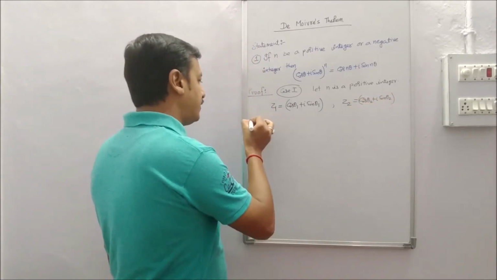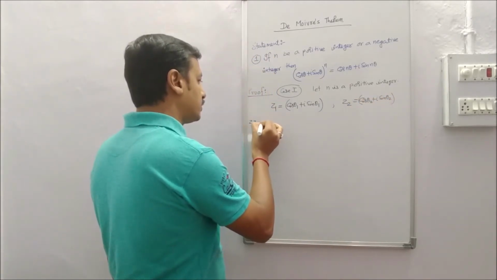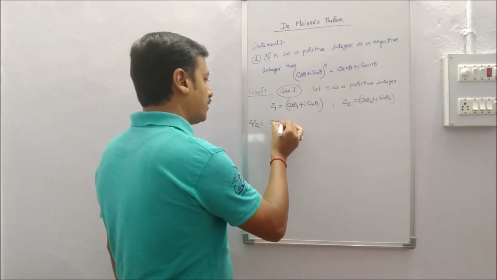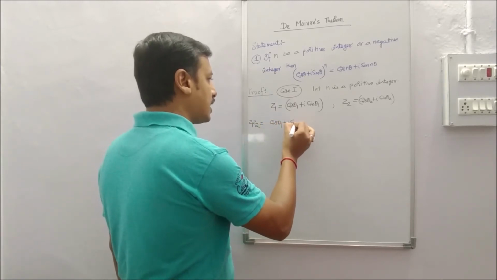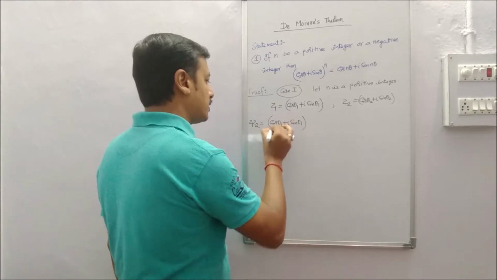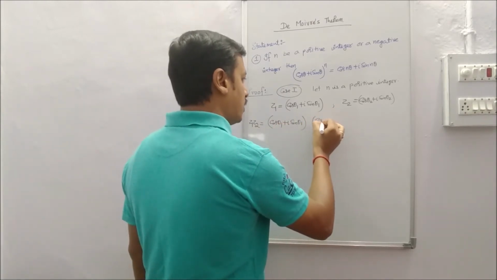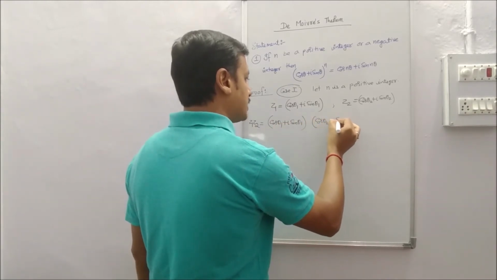Now multiplying z1 and z2, we have cos theta 1 plus I sin theta 1 into cos theta 2 plus I sin theta 2.